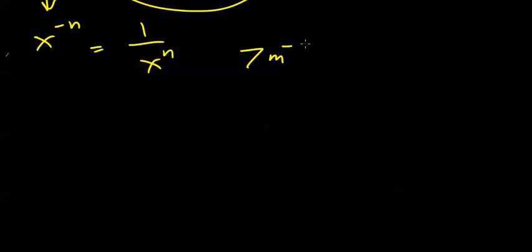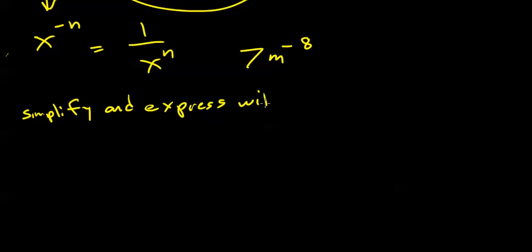Let's do another example. 7 times m to the minus 8th power. Let me rewrite this. There's an acronym I'm going to be calling up so often I'm going to list it for you here. Let's say I ask you to simplify an expression and express with positive exponents only.